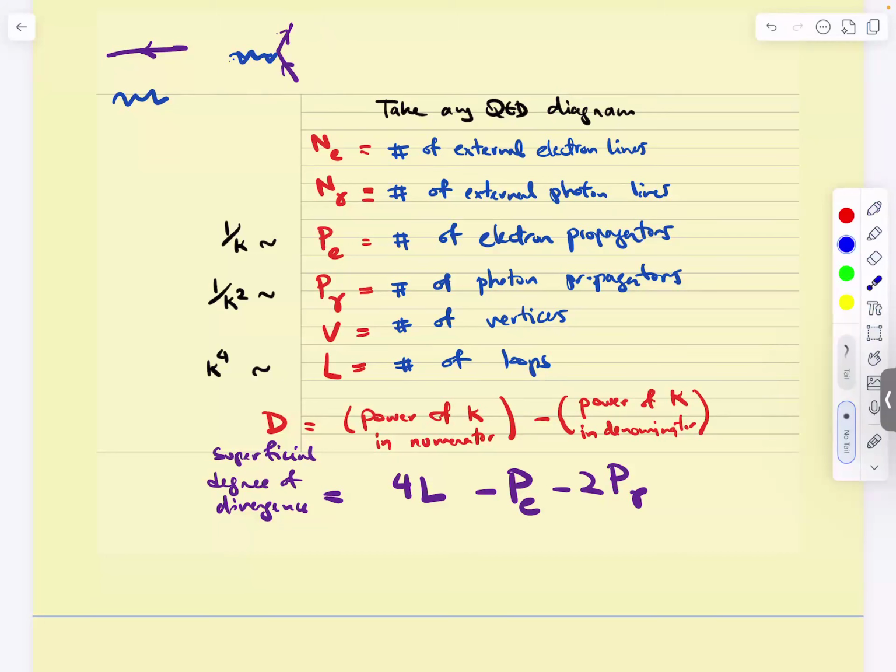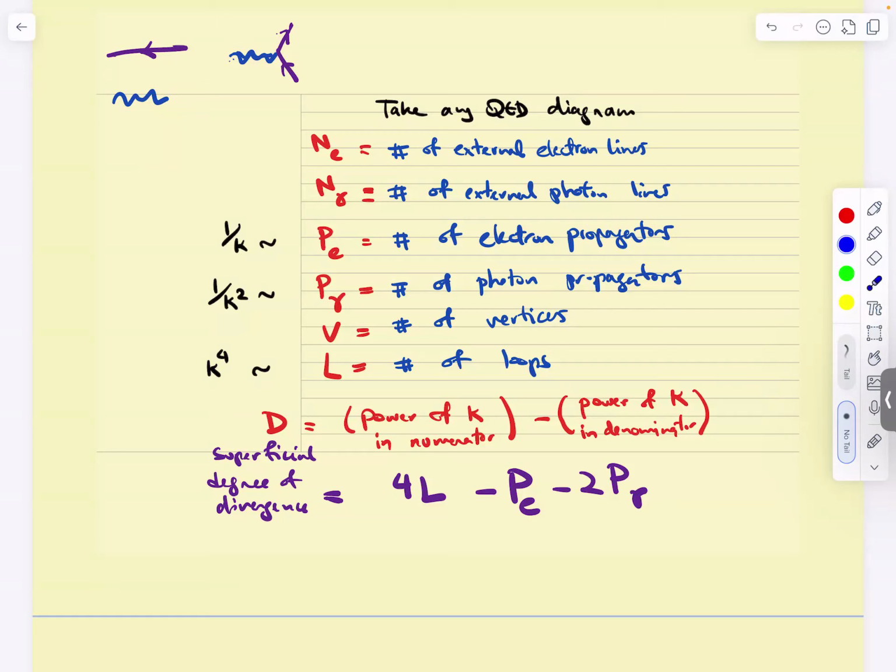So take any QED diagram. Call N_e the number of external electron lines, legs, N_gamma the number of external photon lines, P_e the number of electron propagators, P_gamma the number of photon propagators, V the number of vertices, and L the number of loops. Okay?